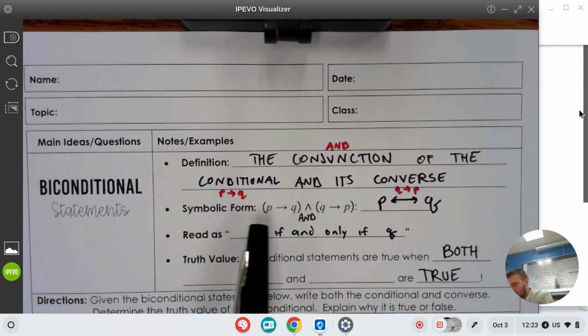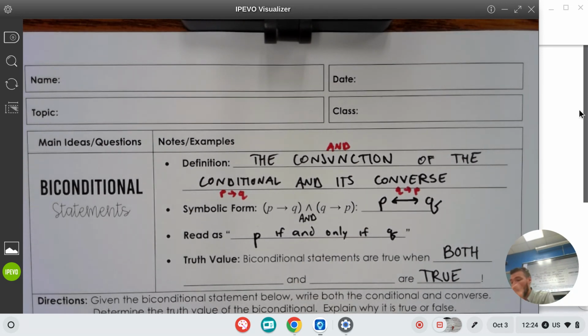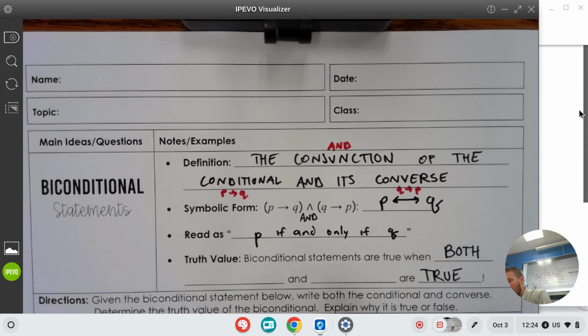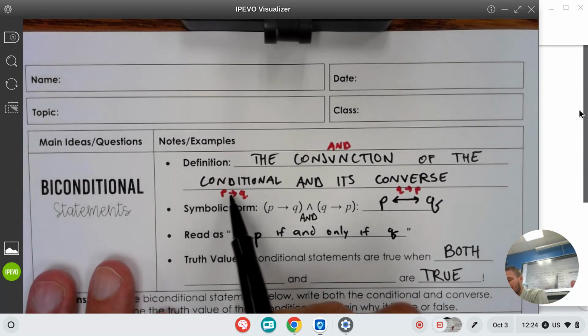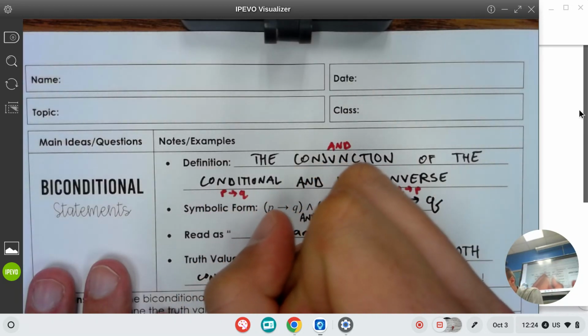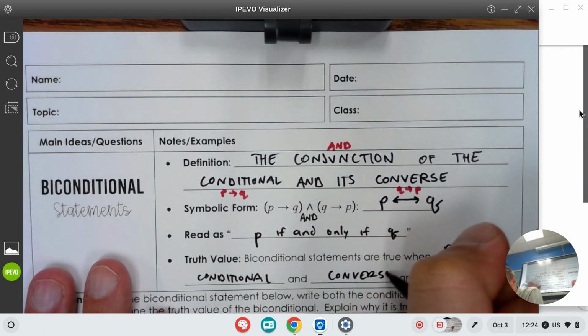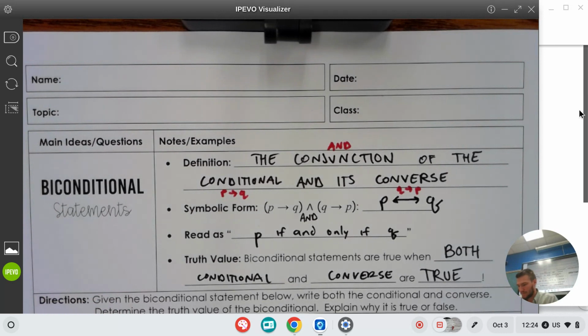If P implies Q and Q implies P, that and means that both have to be true. Now, what goes in these blanks? Again, conditional and converse, because that's talking about the first and the second. So, conditional and converse. The easy way to think about this, all right? It better be true forwards and it better be true backwards. If it's true forwards and backwards, that's it. You're good to go.